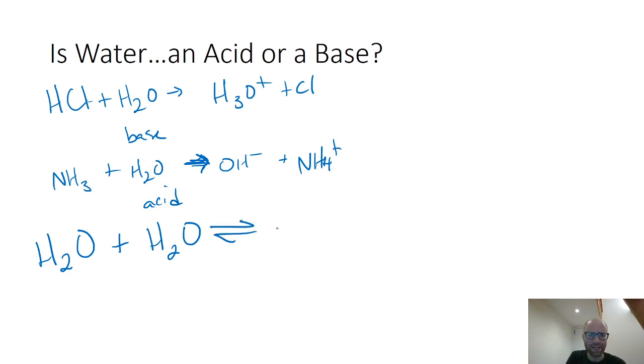I'll tell you that it reacts in equilibrium. The first water acted as an acid, the second water acted as a base, and this totally happens. This means that in this water, there's three things. There's waters, there's hydroniums, there's hydroxides. They're all there. Every time you drink water, you're drinking tons of both.